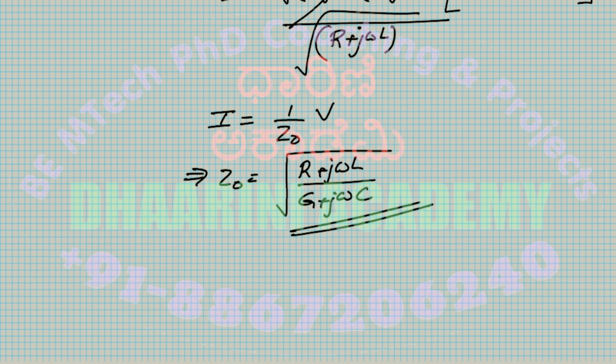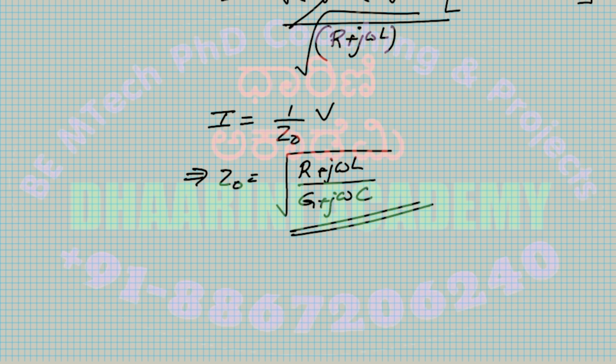Now, what exactly is meant by characteristic impedance? The meaning of this characteristic impedance is the value of the load impedance that you need to connect in order to match the load to the given transmission line.